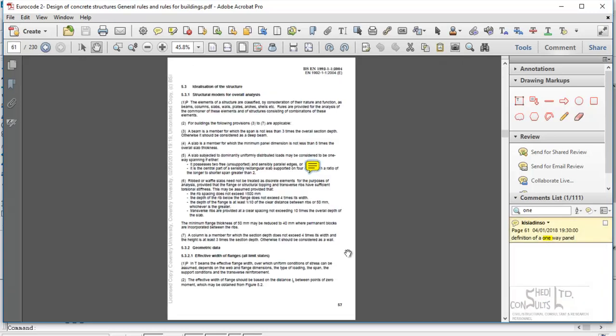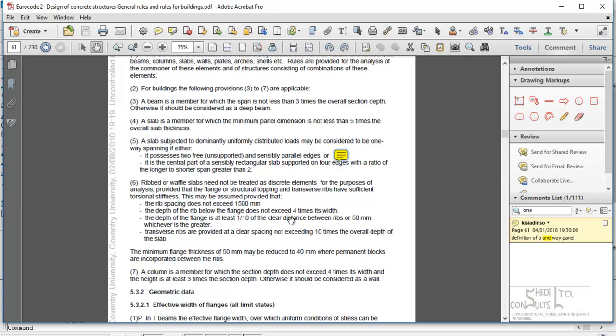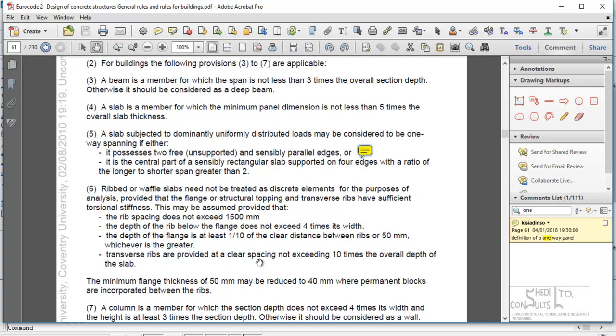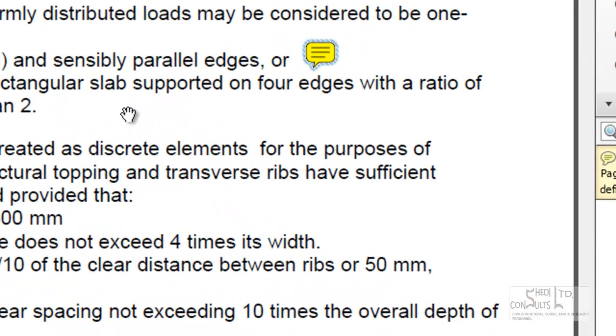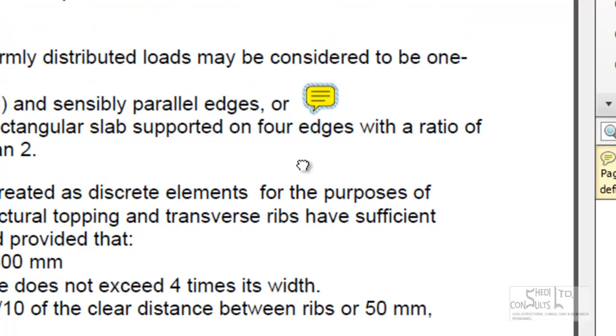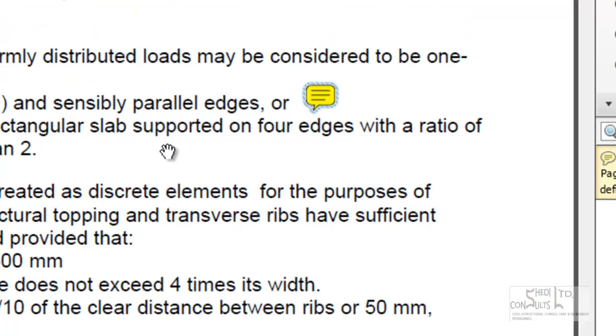It tells you that if a slab panel is supported on 4 edges, and the ratio of the longer to the shorter side is greater than 2, and we are looking at a sensibly rectangular slab panel, a sensibly rectangular panel needs to be understood clearly in the right sense of its word.